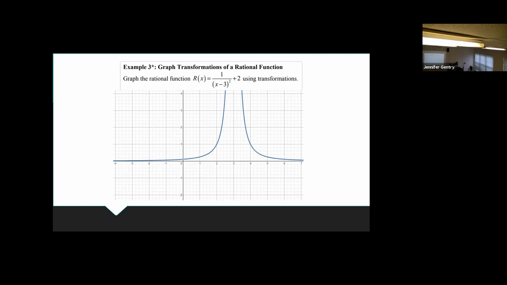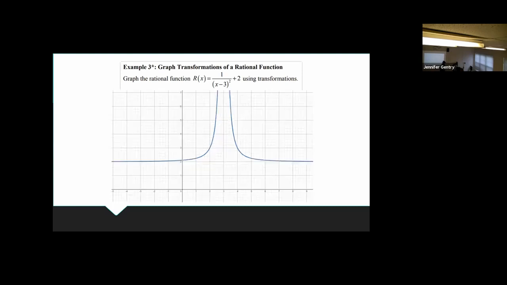I want to add a 2 onto the end. Where am I adding that 2? Is it associated with the x or the y? It's the y, but it's not sitting right next to the x, right? So it's the y. Which way does y go? Up and down. So where do we think this is going to move now? Up 2.